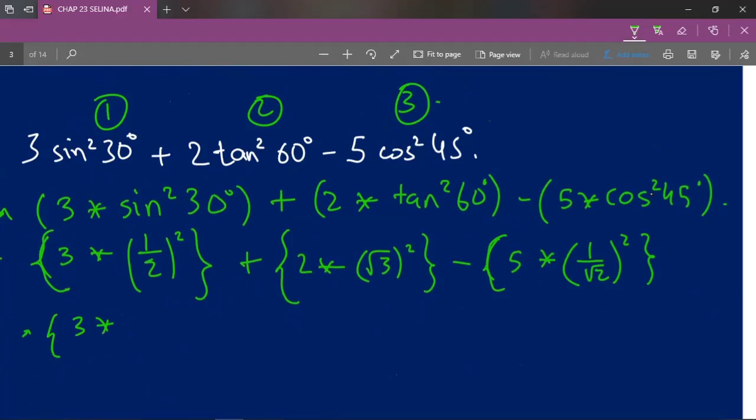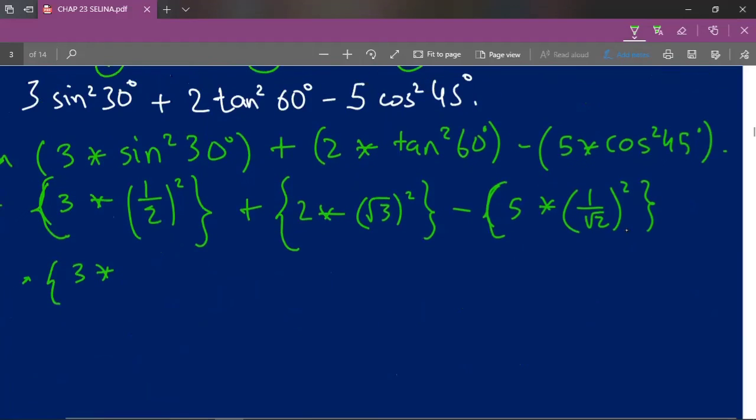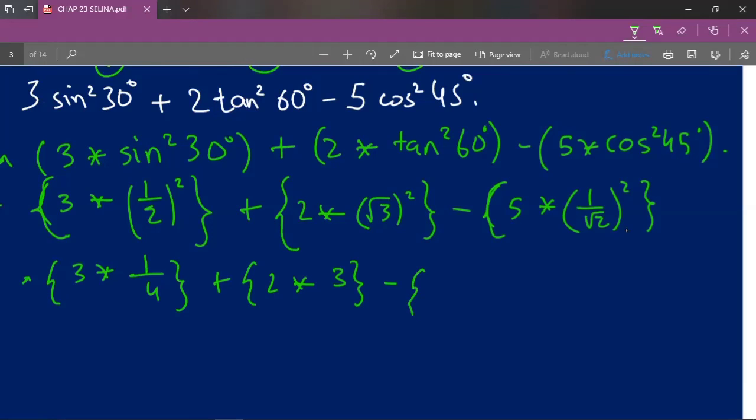So 3 into 1 upon 2 whole square, which can be written as 1 upon 4, plus 2 into root 3 whole square can be written as 3, minus 5 into 1 upon root 2 whole square, that can be written as 1 upon 4. Okay.